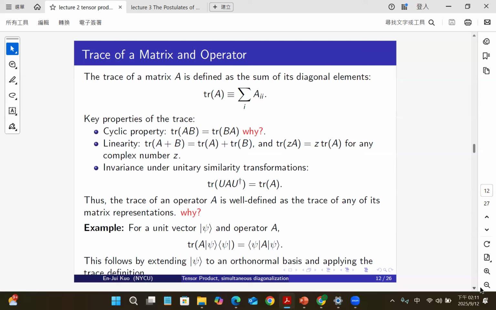Notice that the unitary matrix's definition is that U dagger is the inverse. So the trace of U dagger A U is the same as the trace of A. Now you need to use the cyclic property, the first property, which tells you that you can move this U to the other side.